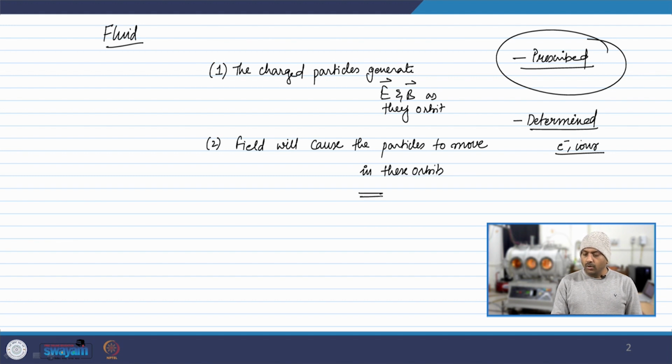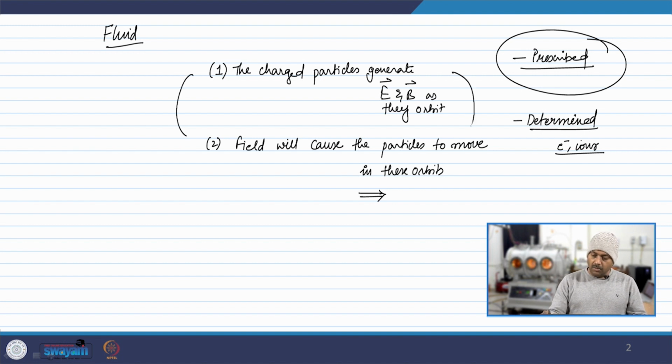Or we can go ahead and say that the resulting field of this charged particle movement should continue or should allow the particles to move in the same way as they were moving. Okay. So, this behavior has to be self-consistent.